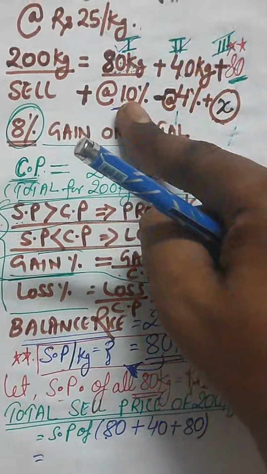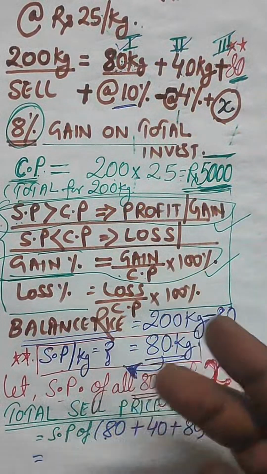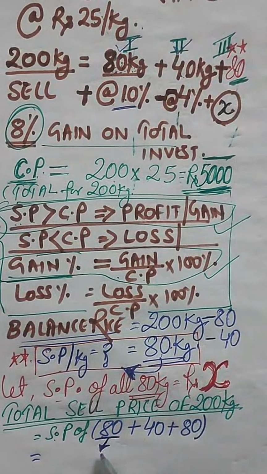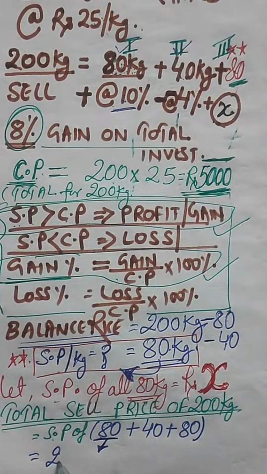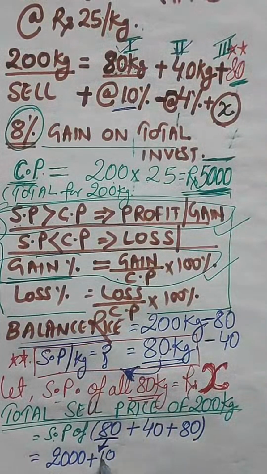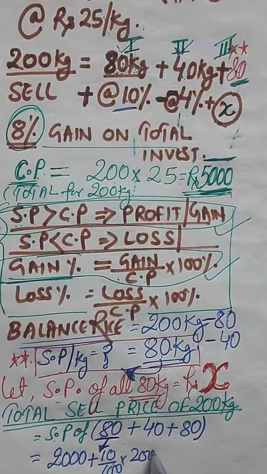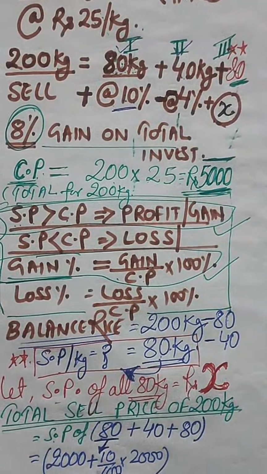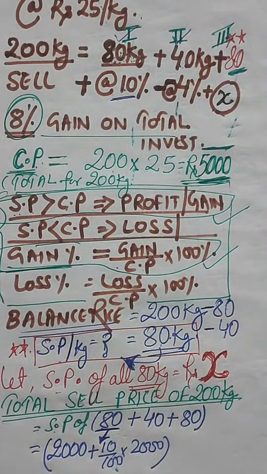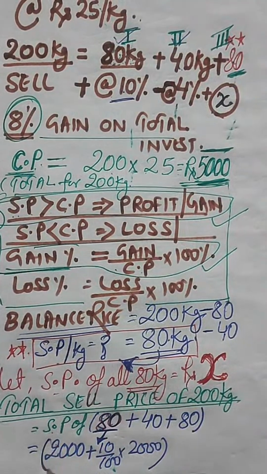So this will be added. So 10% of 2000 will be 200. So the selling price of this 80 kg will be how much? 2000, that is the cost price, plus 10% of this 2000, isn't it? This is for this 80.